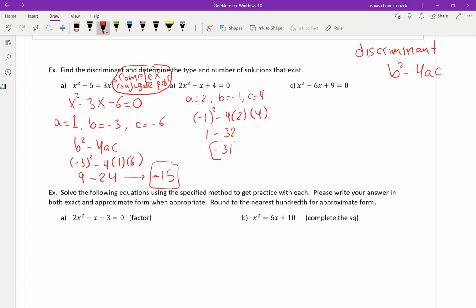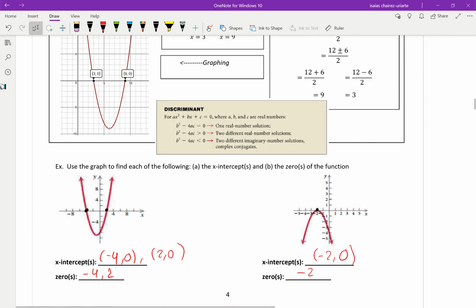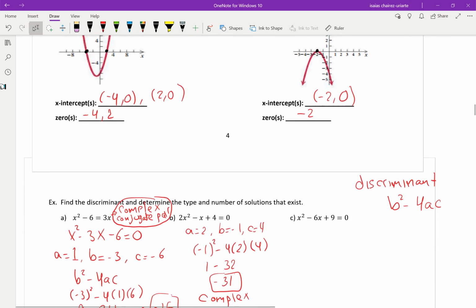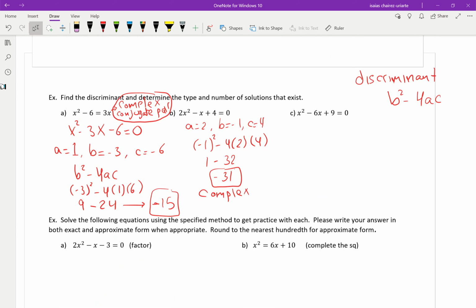All right, so that's my discriminant. So again, I'm going to have a complex conjugate pair. Hang on here, did I make a mistake? No, a is 2, b is -1, and c is 4. b squared minus 4ac is negative, yeah? So complex conjugate pair.